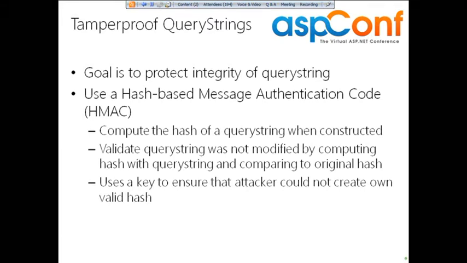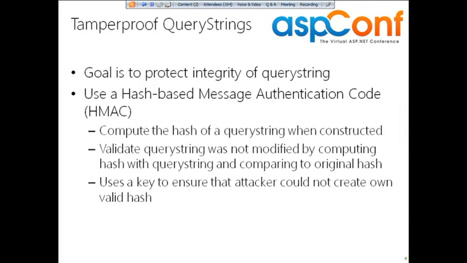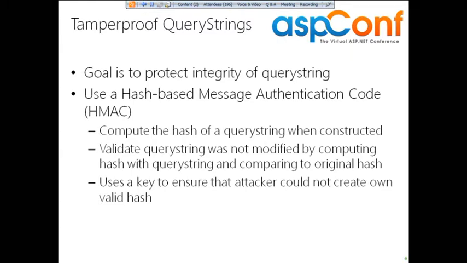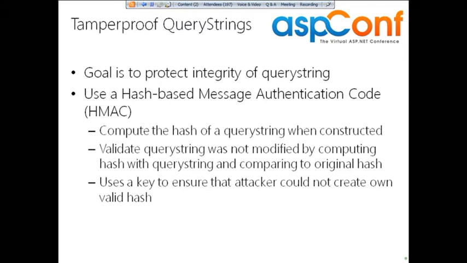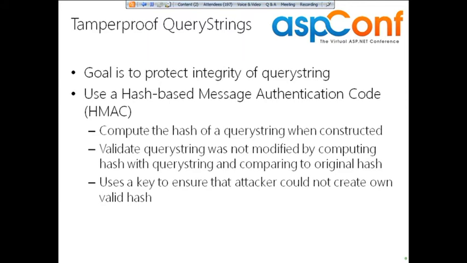So I'm going to show an example of a hash-based message authentication code. When I create my original URL with my query string, I'm going to compute a hash of the query string value, and then append that hash value onto my URL, so that when you come back and hit that page, I can take the query string value off, recompute the hash on the server, and make sure that you haven't tampered with it.